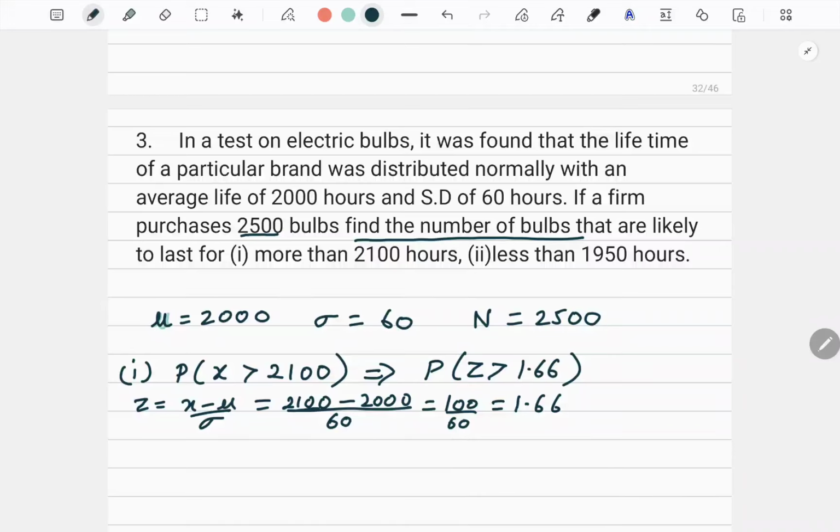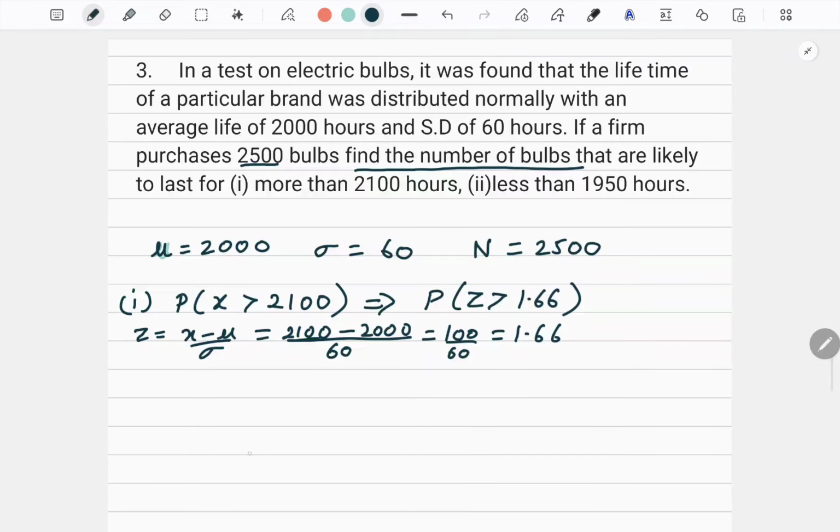Simple. Now, how I will do this? So now in this question, I will apply again, draw the normal curve. Okay. Now, Z is what? 1.66. You have to find out probability for Z is greater than 1.66, means this area.